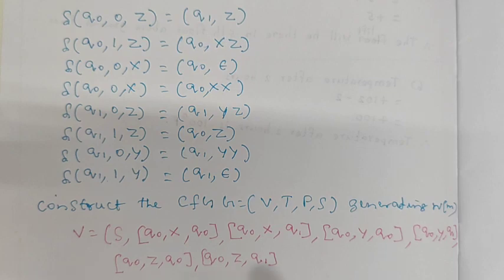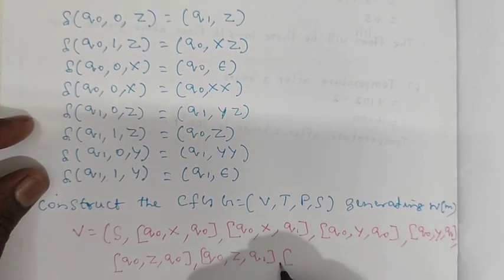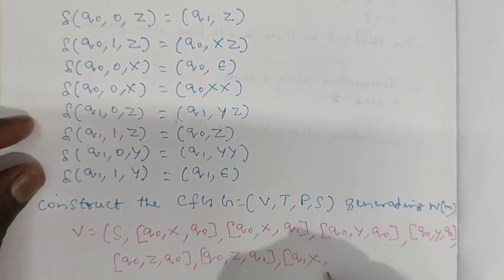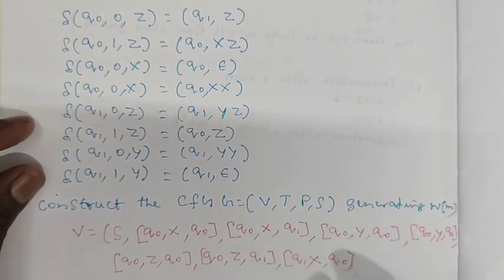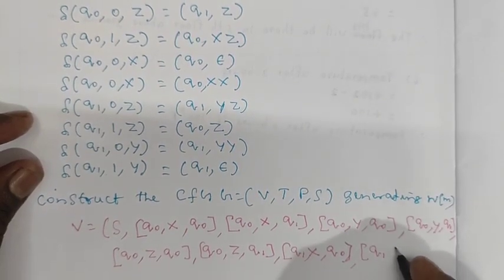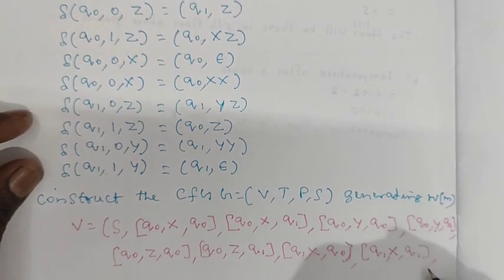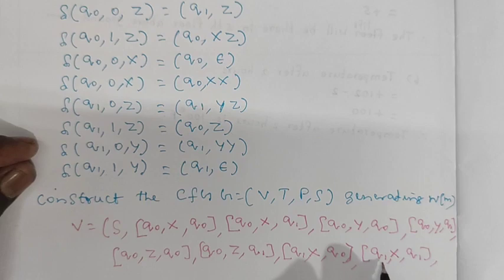Okay. Now we have to go for Q1. So start from Q1 now and repeat the same thing for Q1. So Q1, go for X, then go to Q0. Then Q1, X, then go for Q1. Now we have done it for Q1 with X here.